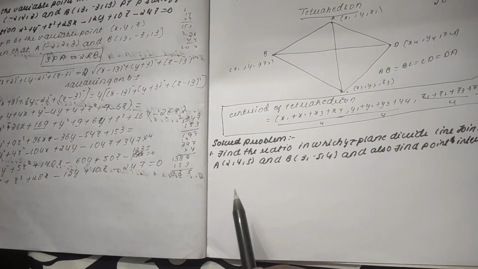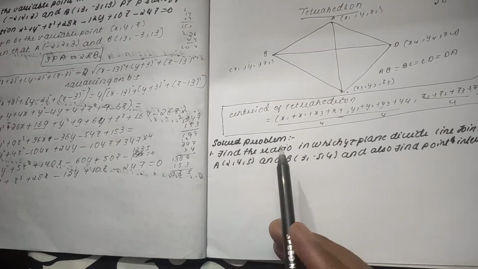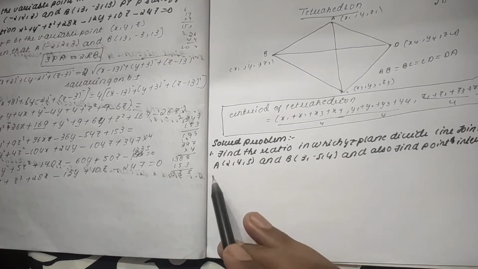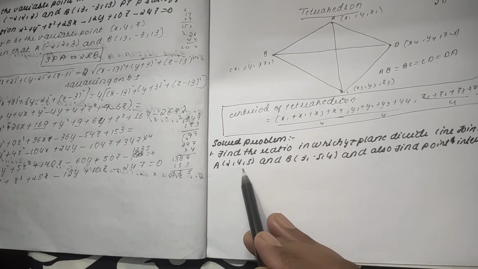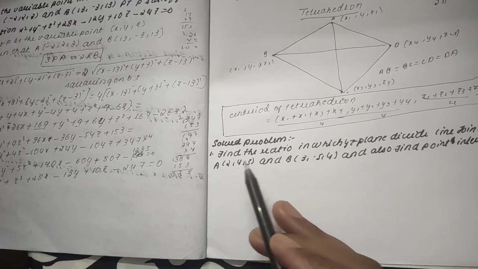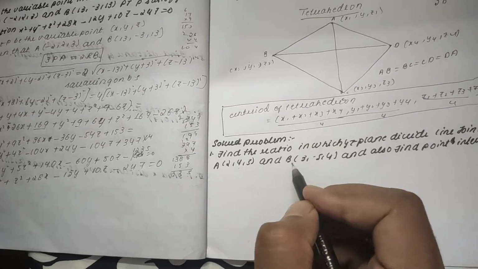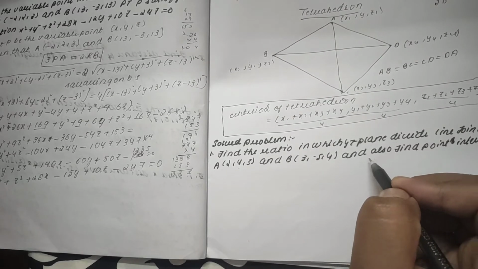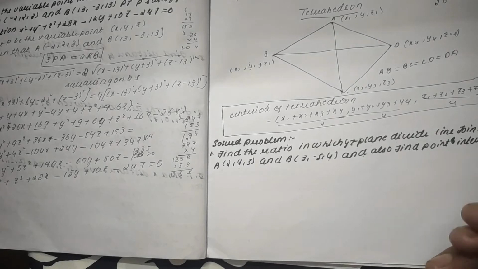The first solved problem is find the ratio in which YZ plane divides the line joining A 2, 4, 5 and B 3, minus 5, 4, and also find the point of intersection.